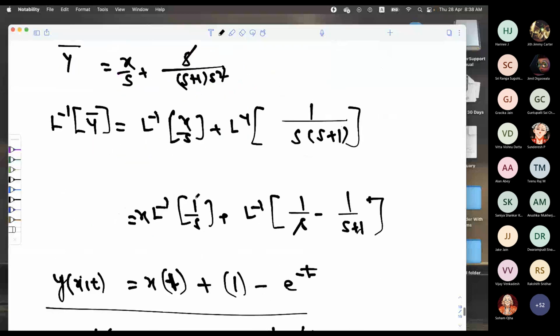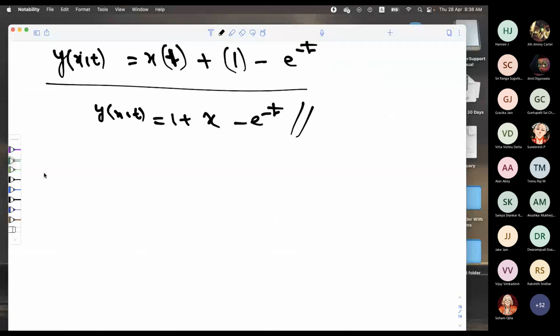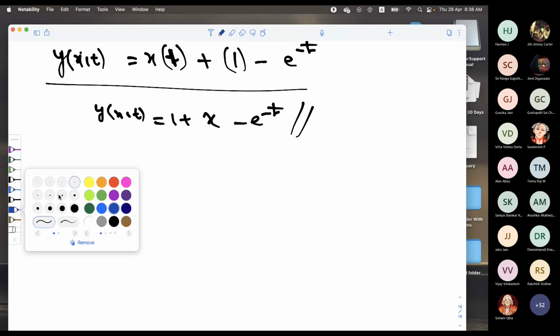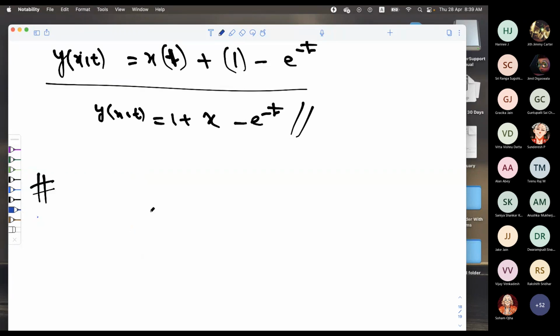Is it clear? Yes, sir. Okay, suppose we will see one more problem. Just try to say whether it is easy or not. Solve the boundary value problem.